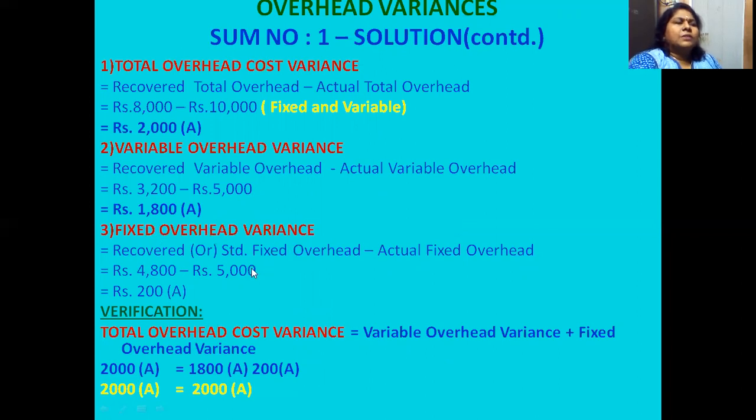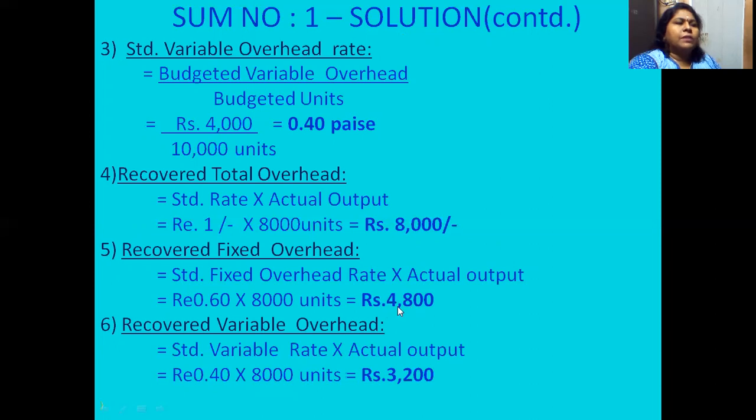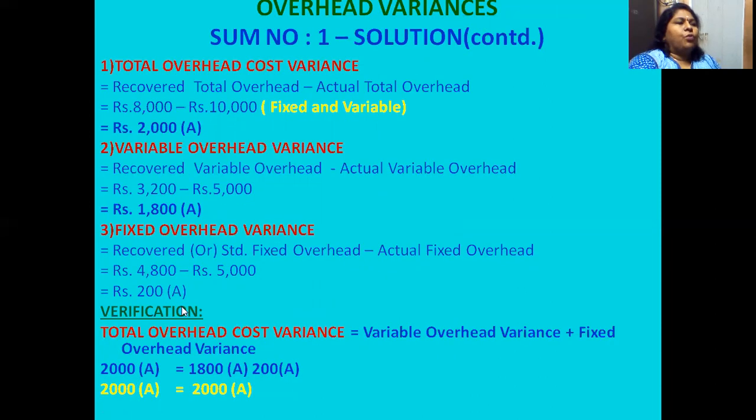The formula is standard fixed overhead minus actual fixed overhead. The required fixed overhead we calculated is 4,800. So 4,800 minus the actual fixed overhead given in the problem, which is 5,000. So again you will get a negative answer, and I mention it in brackets as adverse.